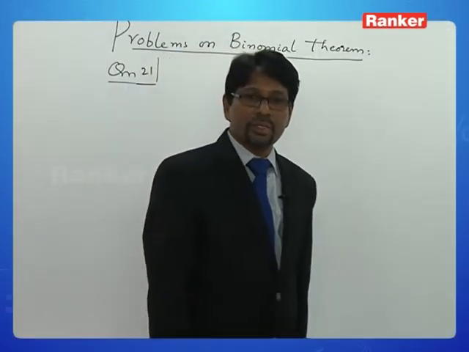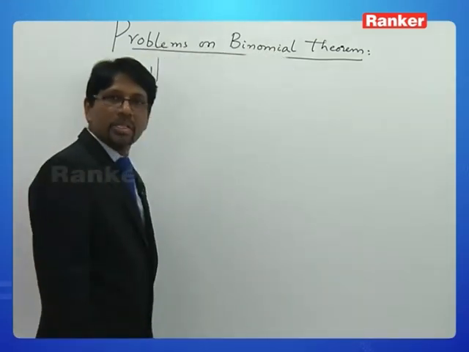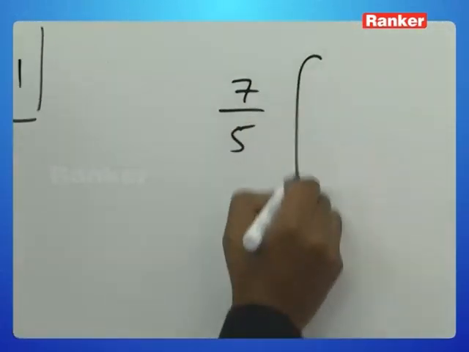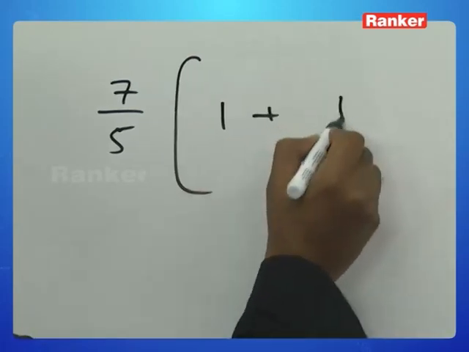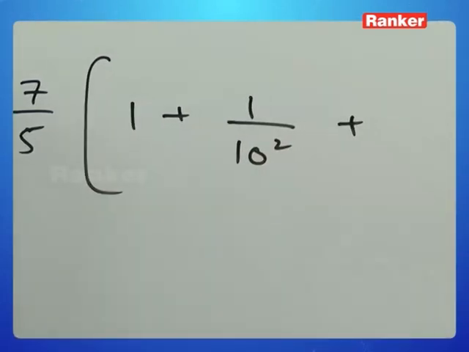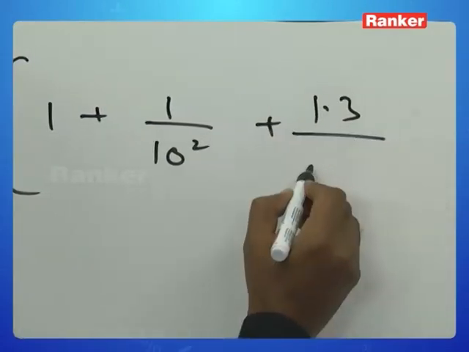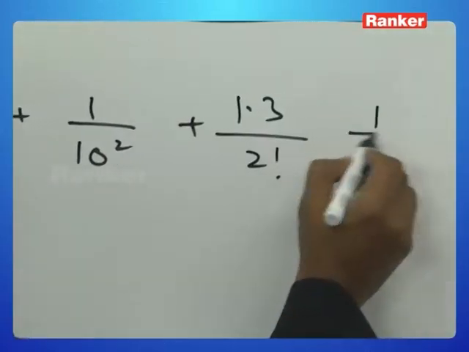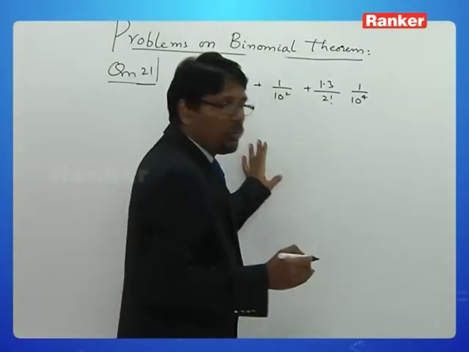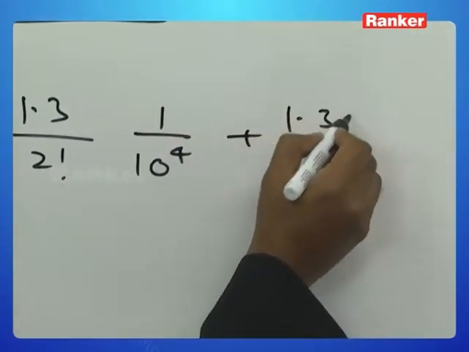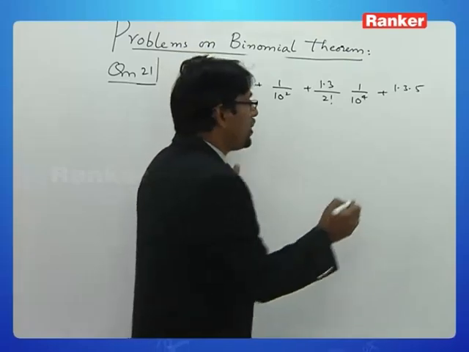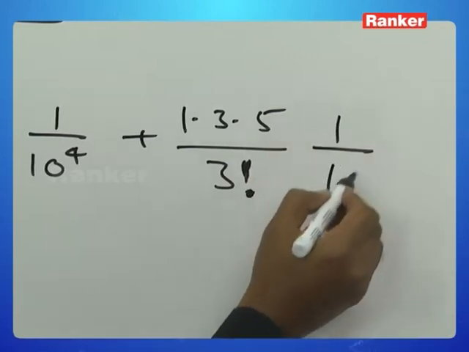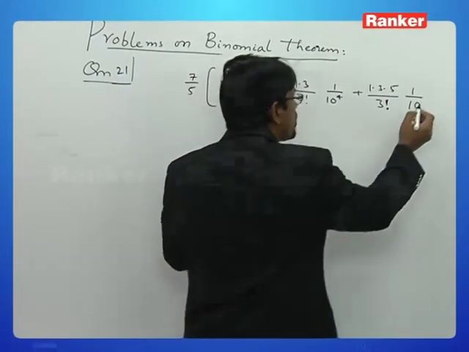Now let's have a look at this problem here. It has an infinite series expansion there. 7 by 5 into 1 plus 1 by 10 square, plus 1 into 3 by, we'll take it as 2 factorial, into 1 by 10 power 4, plus 1 into 3 into 5 by 3 factorial into 1 by 10 power 6, and so on and so forth.